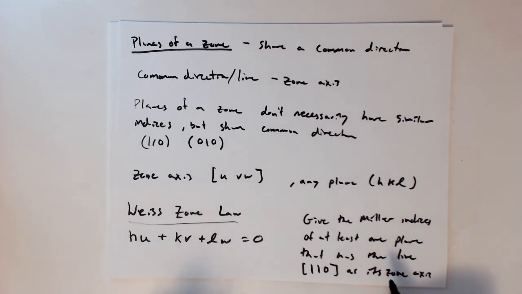So you're going to come up with a plane that satisfies the zone axis of 110. So pause the video, see if you can work that out, and come back and we will go over the answer.